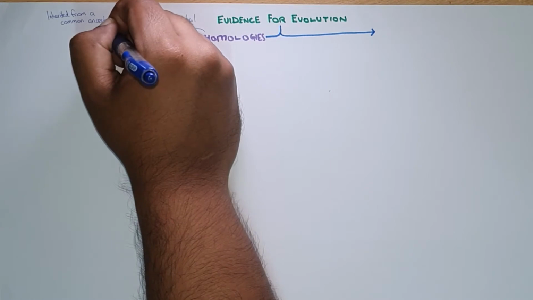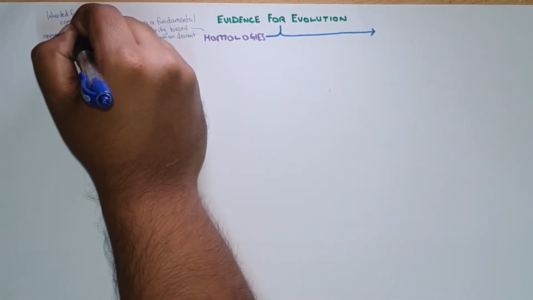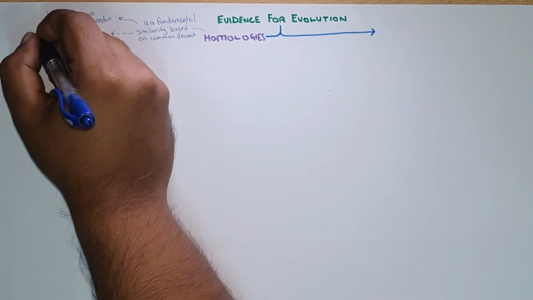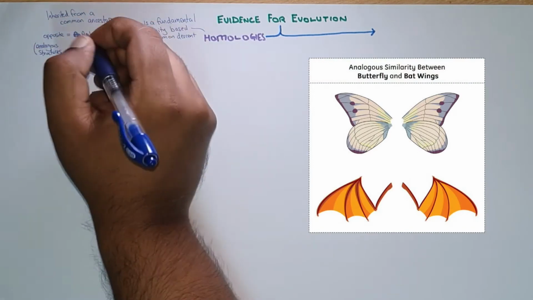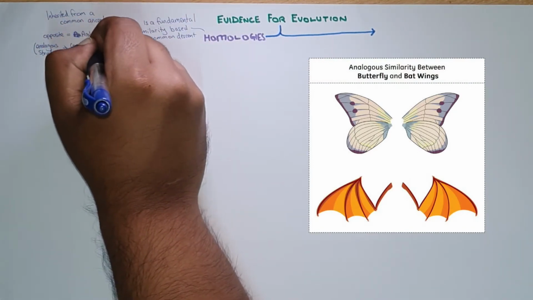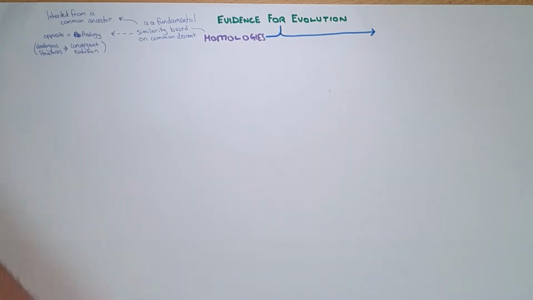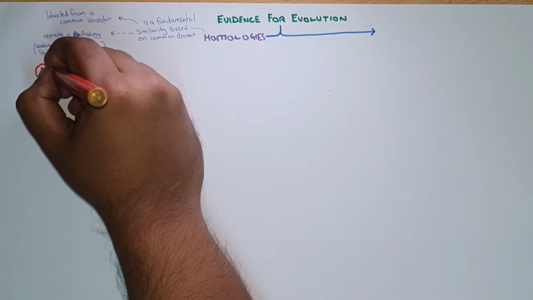We talked about this also in tutorial, the opposite being analogy. Analogy comes from the idea of analogous structures, where you have two structures that are totally different, but they end up looking the same due to convergent evolution. We are not going to use analogous structures, we are using homologous structures. Under homologies, we have two broad categories.